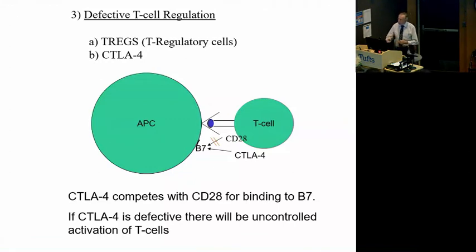You may not make CTLA4. And I've told you how CTLA4 competes with CD28 for binding to B7. And if it's defective, the T cells will continue to be activated. I told you the mouse without CTLA4 gets autoimmune diseases. You see that?